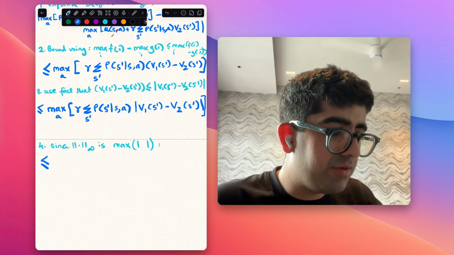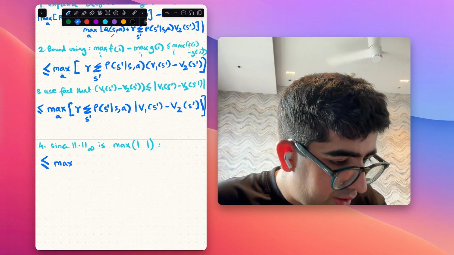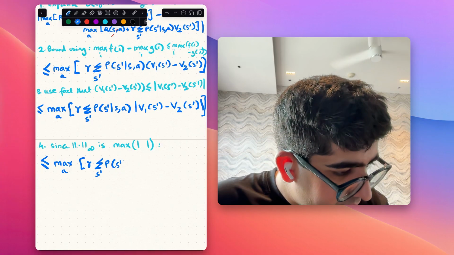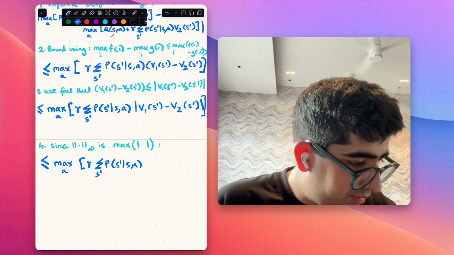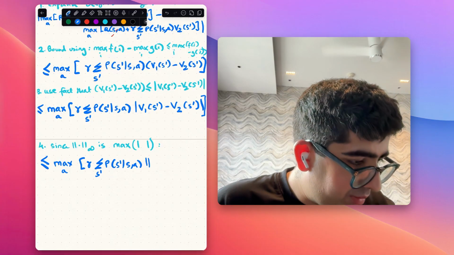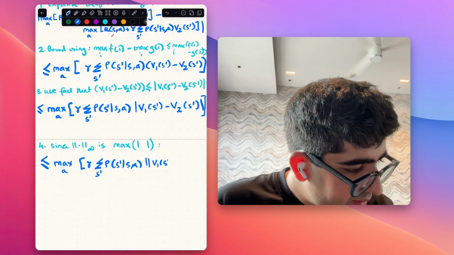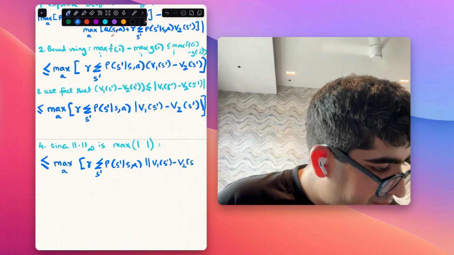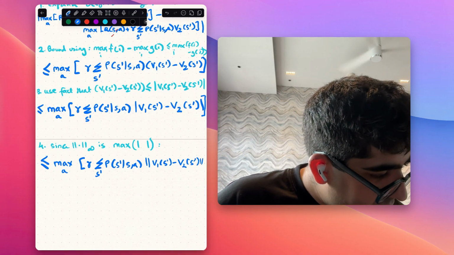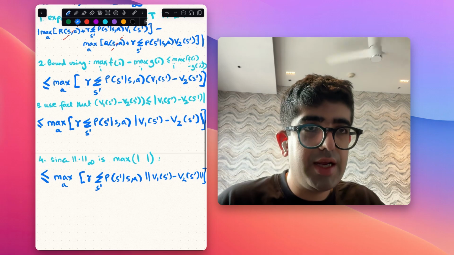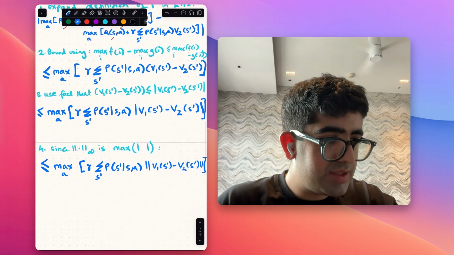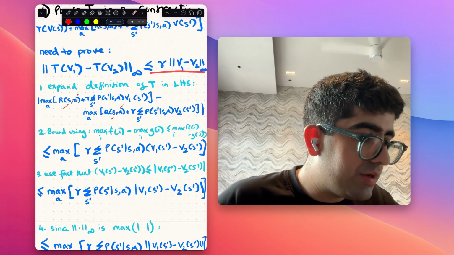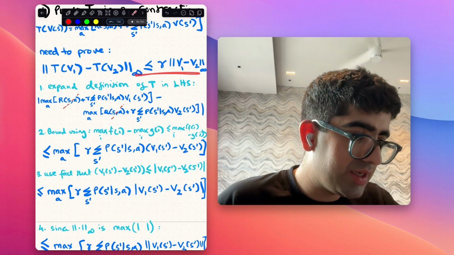So this is upper bounded by the max over a of gamma times this sum of probabilities, and here we have the infinity norm of V1 of s prime and V2 of s prime. You can start to take a look at how this is getting closer to what we needed to prove in the first place.